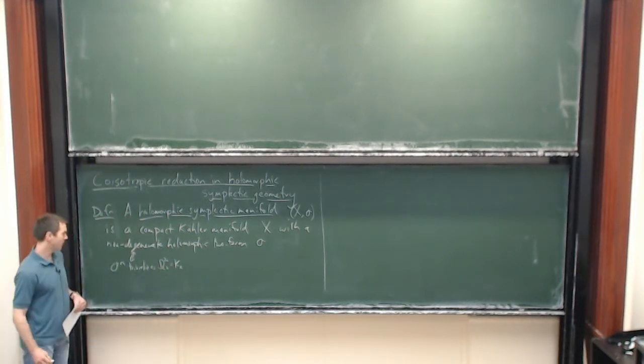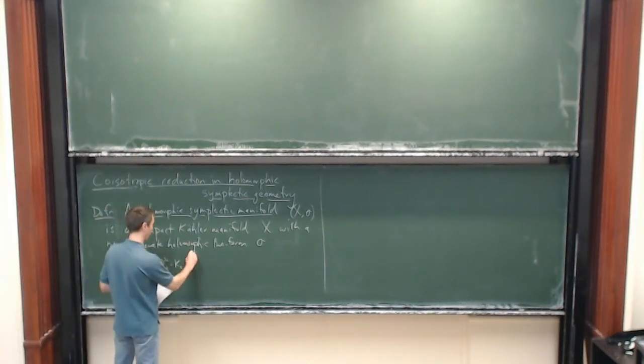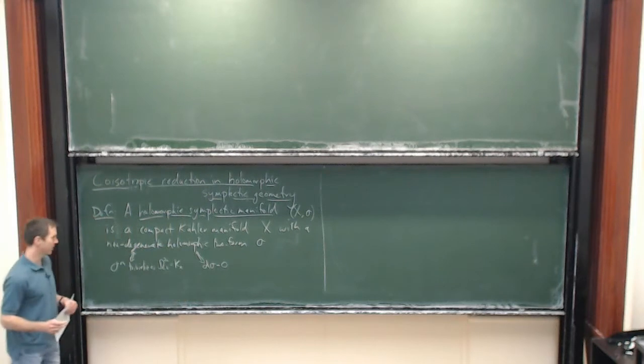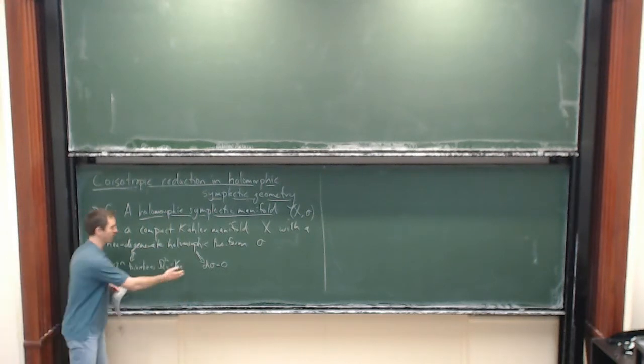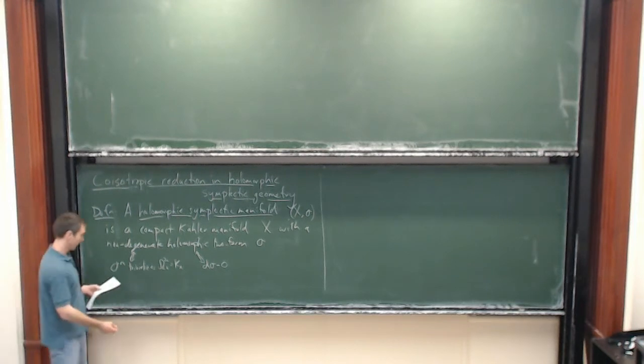Okay, and I also just want to point out that holomorphic will imply that actually the form is closed, is d-closed in this case. Okay, so this is just from Hodge theory. I mean, it's d-bar closed, but then actually it's closed for the d as well. Okay.